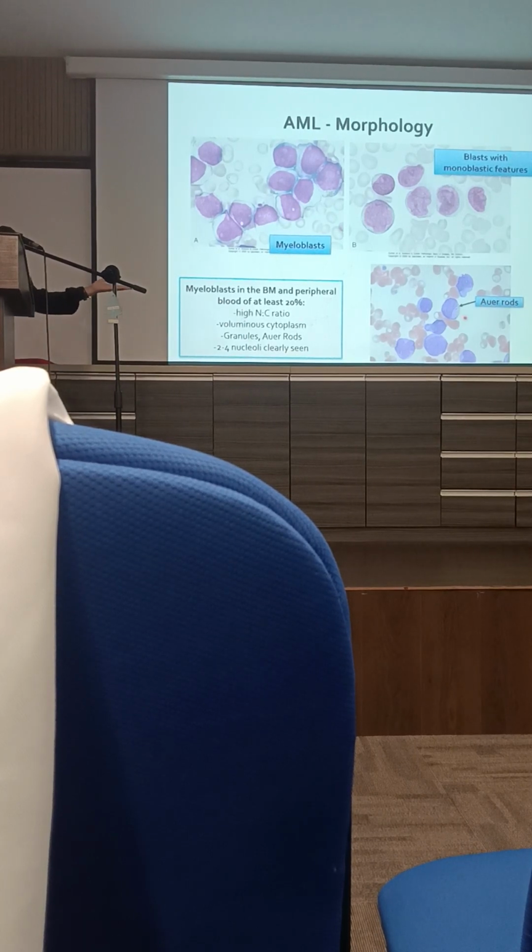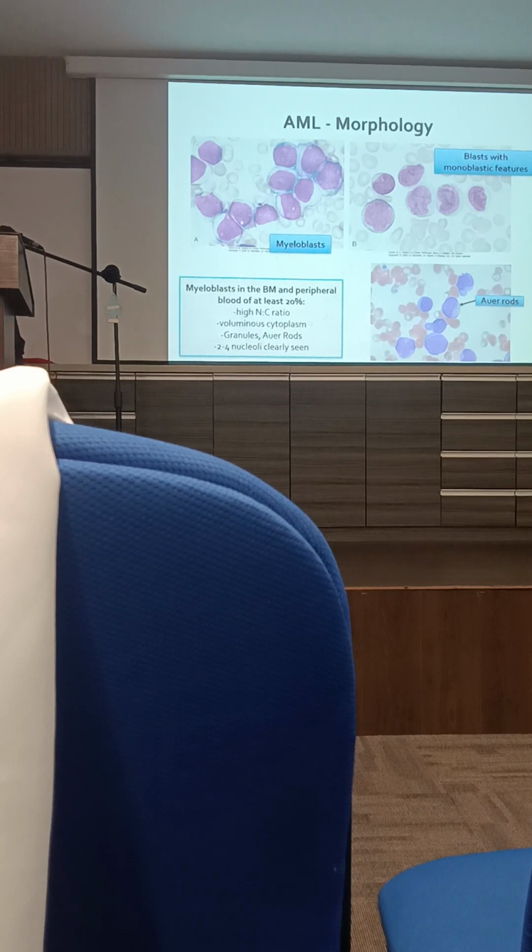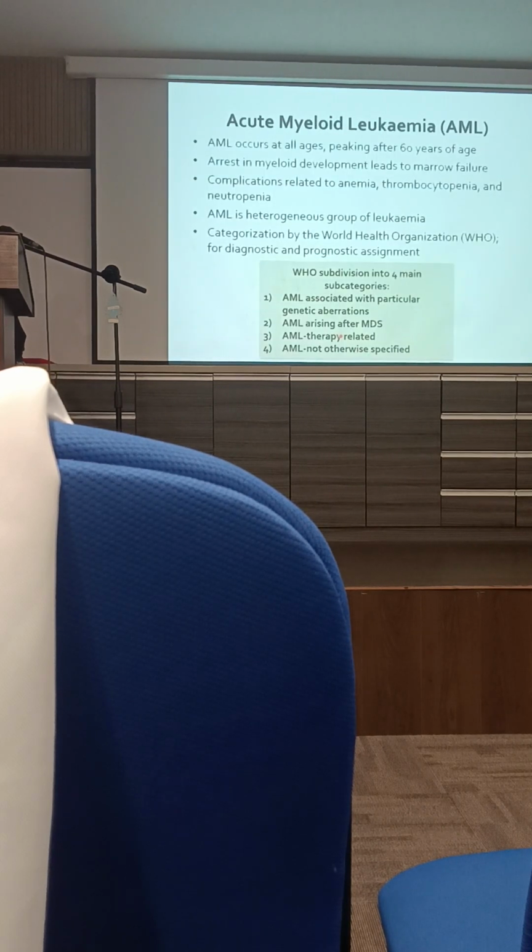Okay, so Auer rods. So you have, these are actually granules. Okay, granules that kind of like stick together and they become like dia nampak macam crystal, crystal dekat situ. Okay, Auer rods. Okay, but not necessarily you will see in all types of AML. Just another feature. Okay, right.